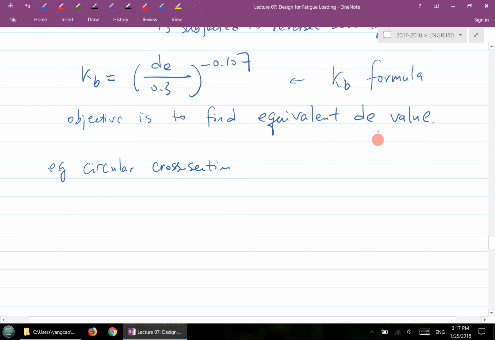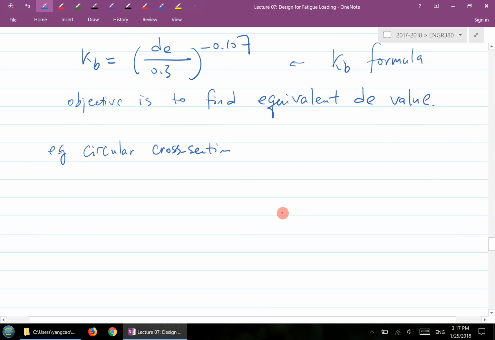But right now, this shaft is not rotating. It's only being bent back and forth by this moment here.